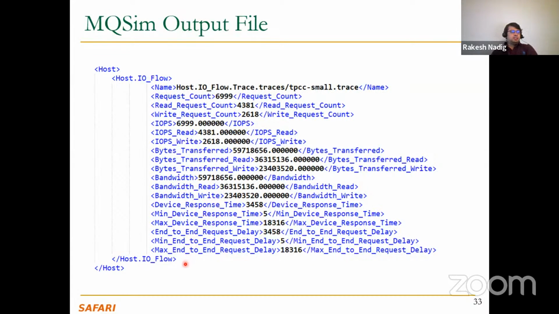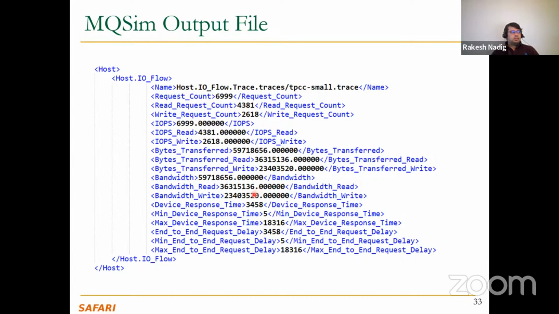So these are some of the important things to quickly look at to see how our simulator is running, and also if we have made any changes in the simulator, we need to look at these values to understand if we have improved the performance, or we need to investigate further.